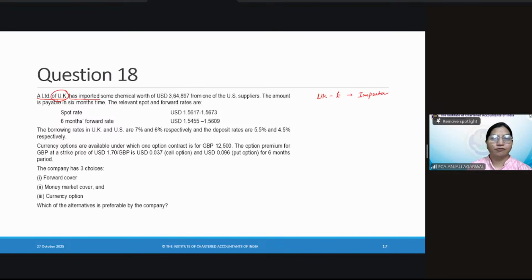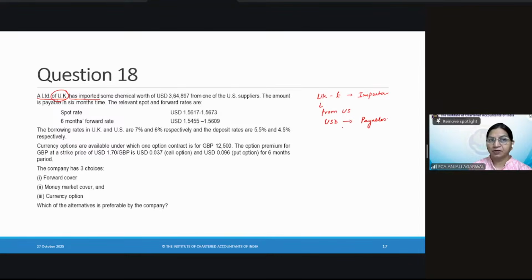a UK importer from the US. So he will have USD payables. An importer needs to make a payment, an exporter gets a payment. So if you are an importer, you need to make the payment.